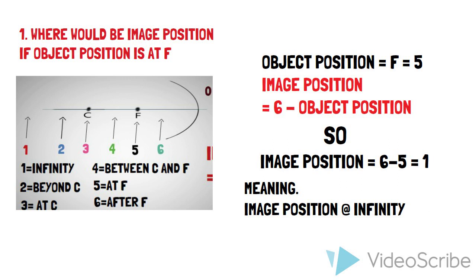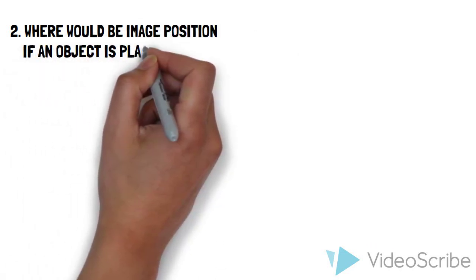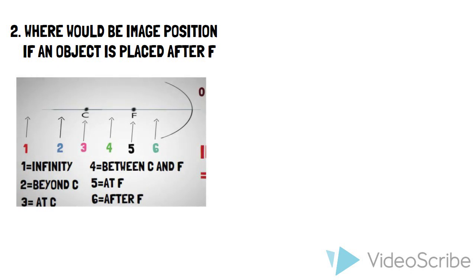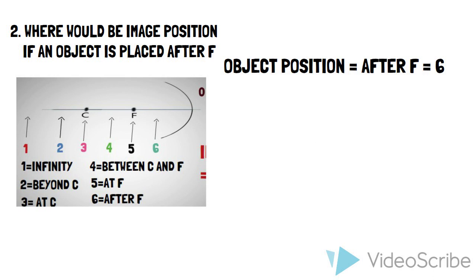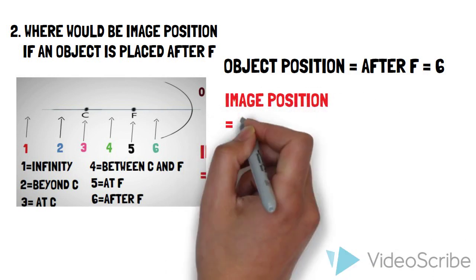You can pause the video and try the next example. What is going to be our image position if the object is placed after F? Again, I'll pull up the diagram for more understanding. After F points to 6, this means that object position is 6.